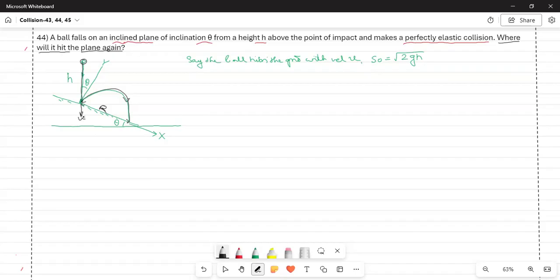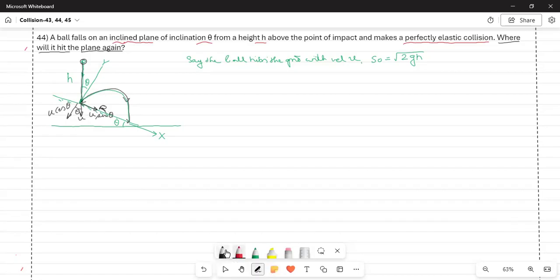This velocity has a component in the perpendicular direction, since this is theta, so this is also theta. This component is u cos theta, and the component along the slope is u sin theta.